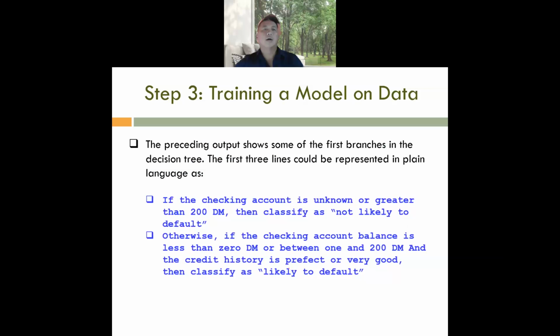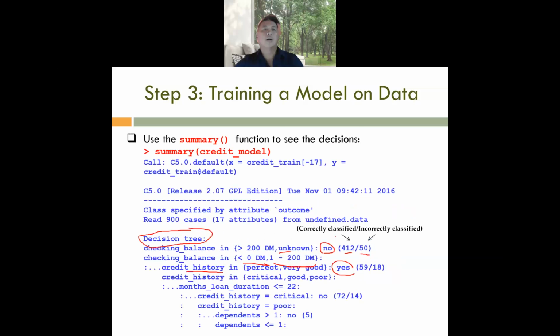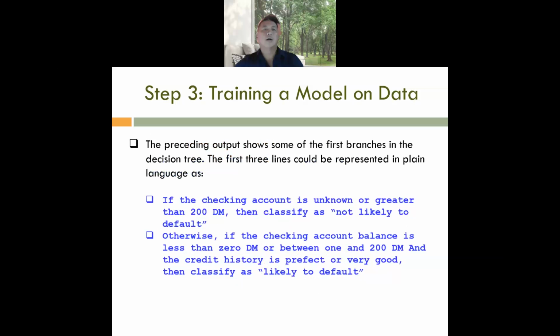Let me see. Okay, if the checking account is unknown or greater than 200, then classify as not likely to default. So if your checking account is greater than 200 or unknown, you are not likely to default.